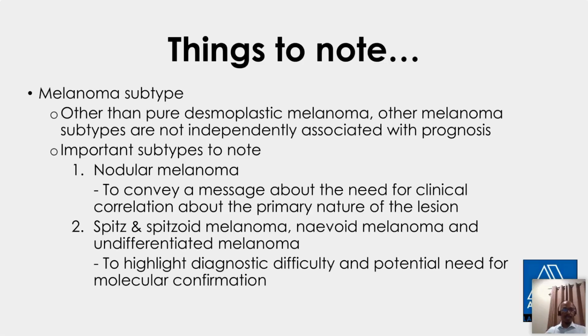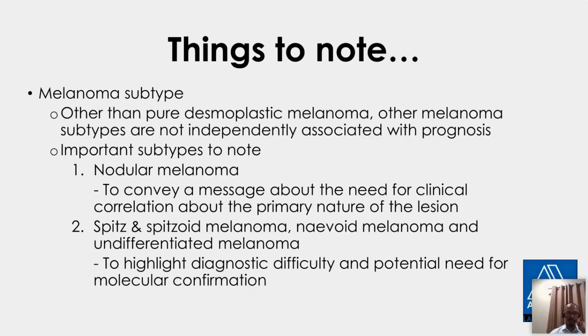Even though it's not as important to subtype melanoma, there are also some subtypes which are important to note in the report for certain reasons, such as nodular melanoma. It's important to note it because this conveys a message to the clinician about the need for clinical correlation about the primary nature of the lesion, because some cutaneous metastasis of melanoma can mimic primary nodular melanoma.